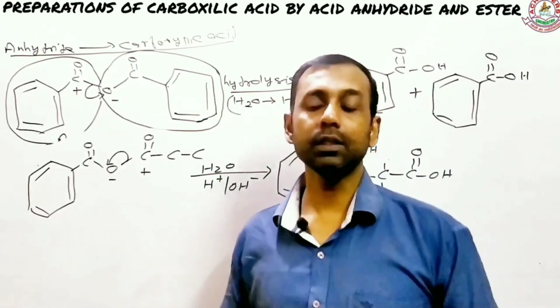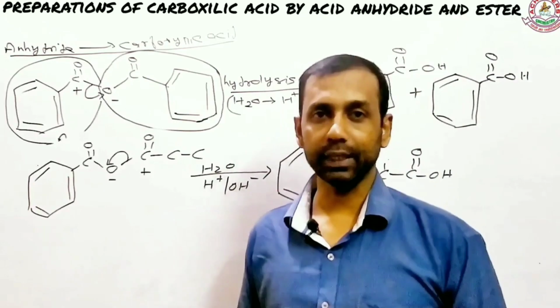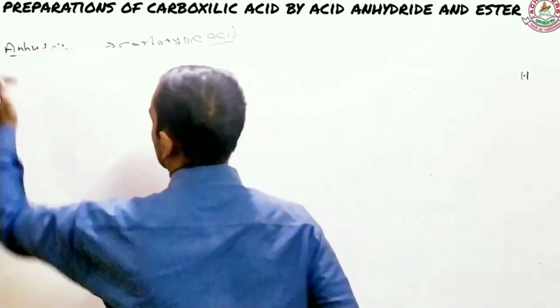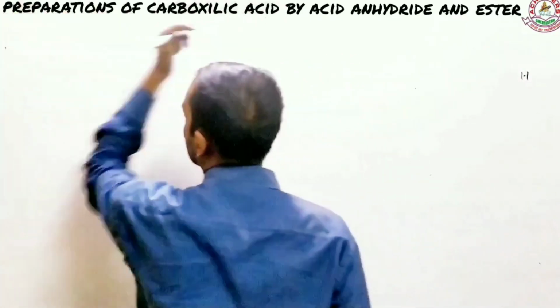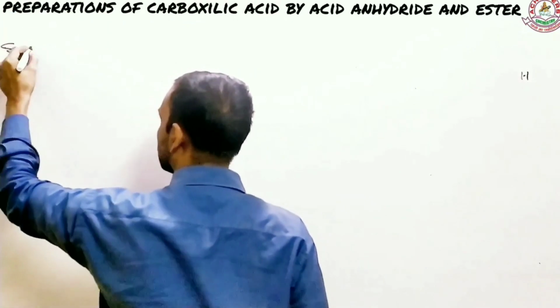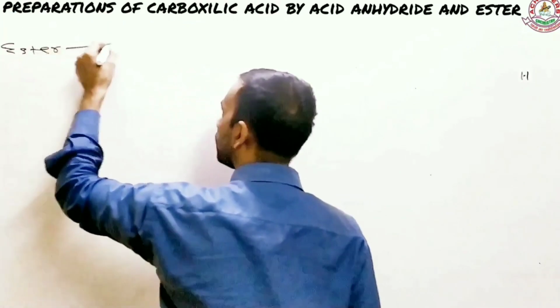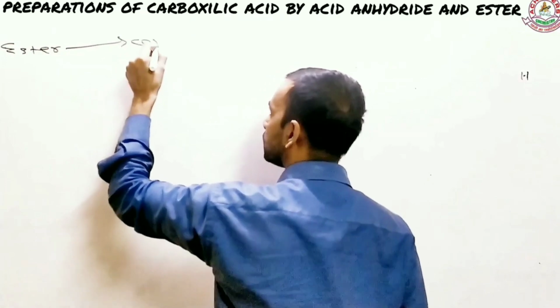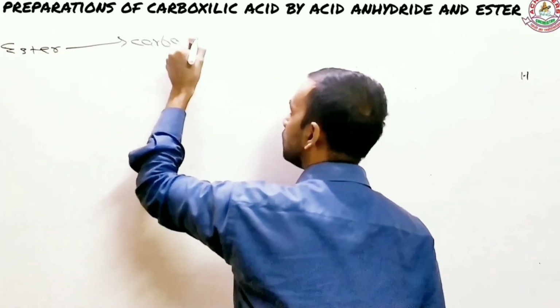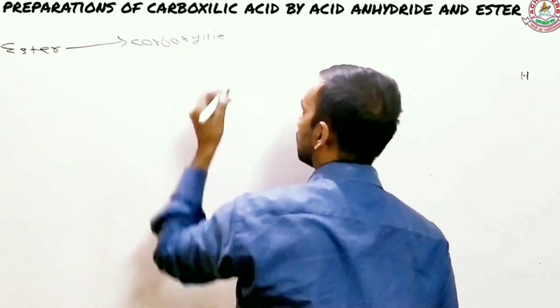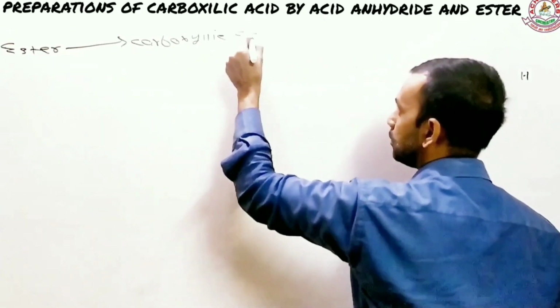We have another very important equation from NCERT, and that is how you can convert an ester into carboxylic acid. What we have now is an ester, and we are converting the ester into carboxylic acid.